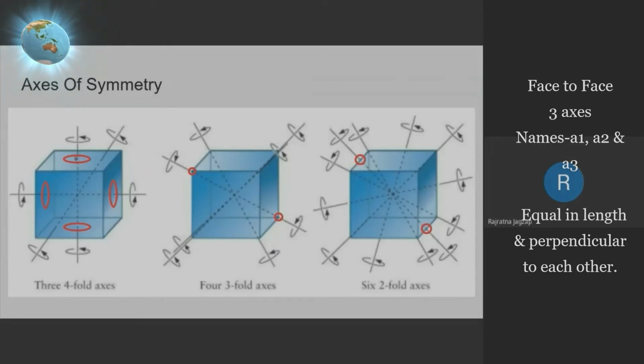This axis goes through the center of the square face. This is the point where the vertical axis touches here, goes through the crystal and comes out at the bottom surface, at its center. So it runs from the center of the top face to the center of the bottom face.